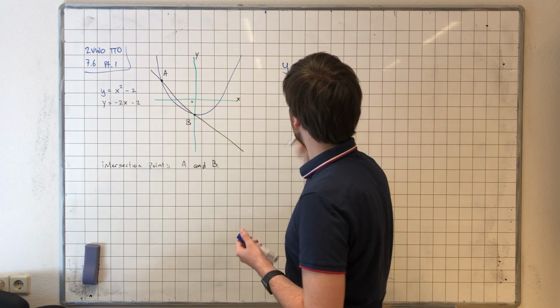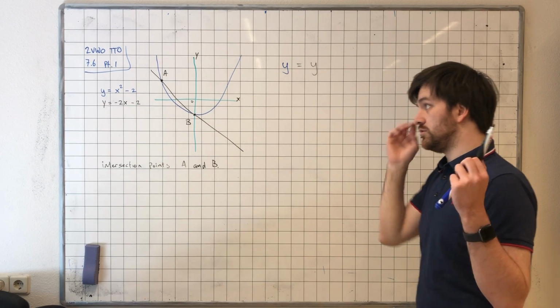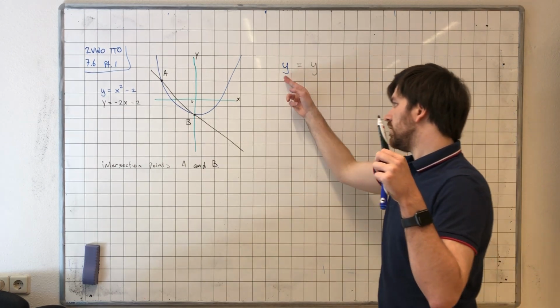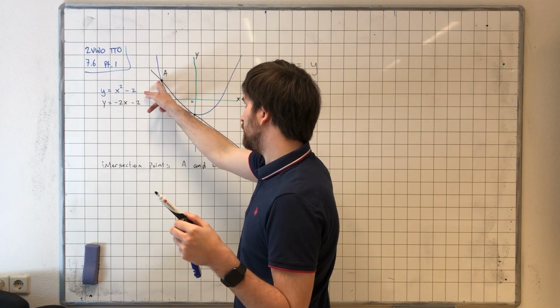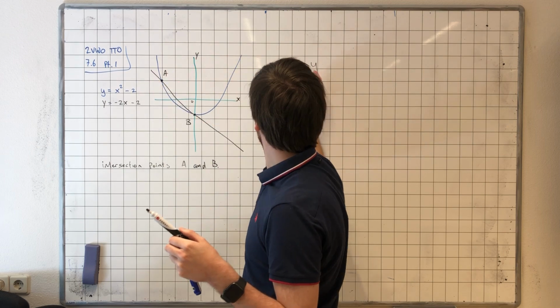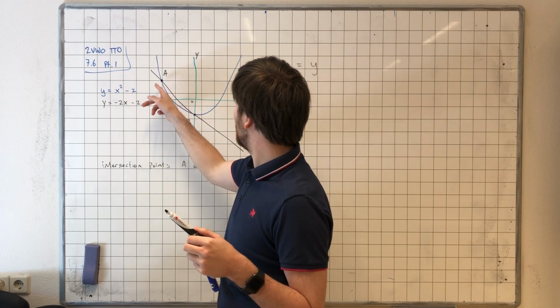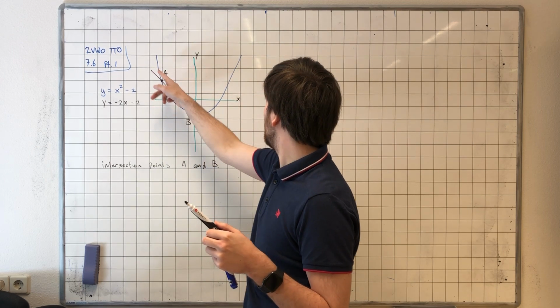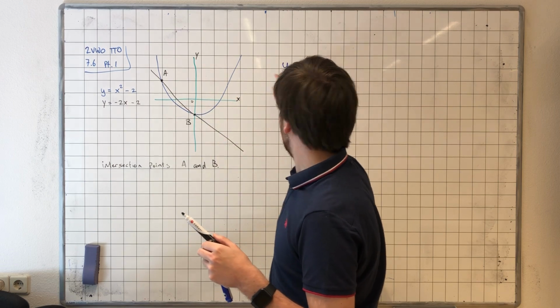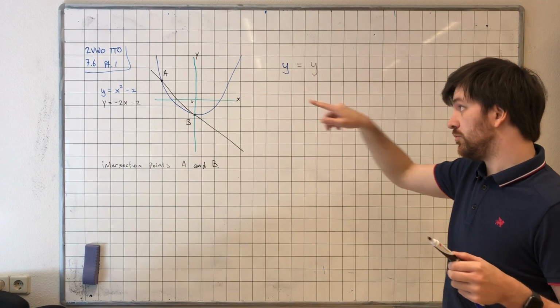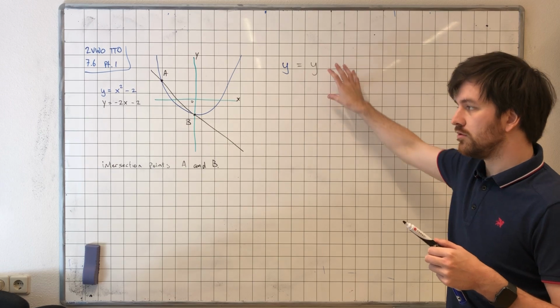Hopefully you're wondering why I used two different colors. With this y, I mean the y coordinate of the blue parabola. With the black one, it's the y coordinate of the black line. They are equal at those two points, so this is correct.